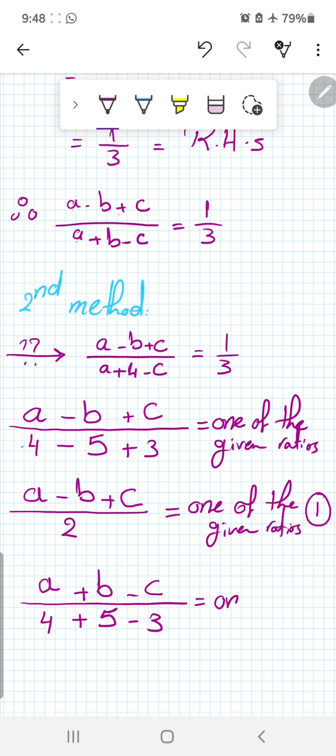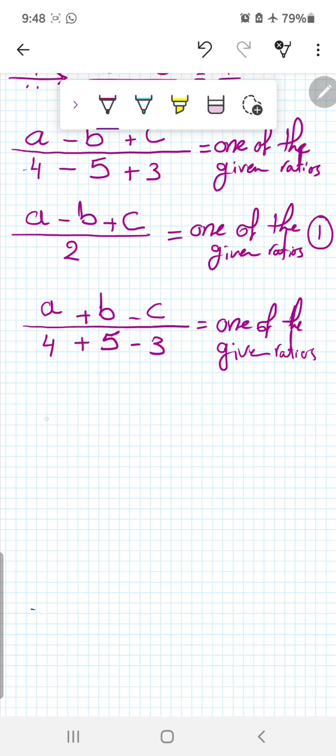All of this equals one of the given ratios. Simplify A plus B minus C. Using your calculator, it will be 6. All of this equals one of the given ratios.